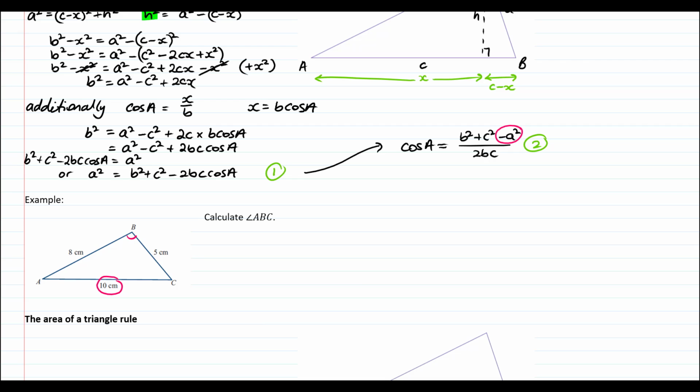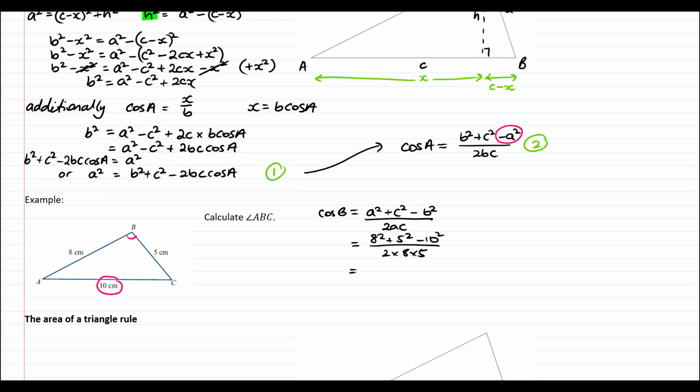If I wanted cos A, the little a squared is the negative component. So in this case I want cos of B, which will give me cos B is equal to A squared plus C squared minus B squared over 2AC, which in this case is 8 squared plus 5 squared minus 10 squared over 2 times 8 times 5.